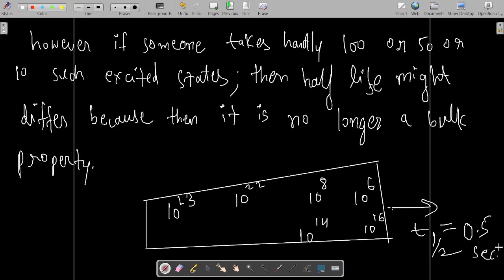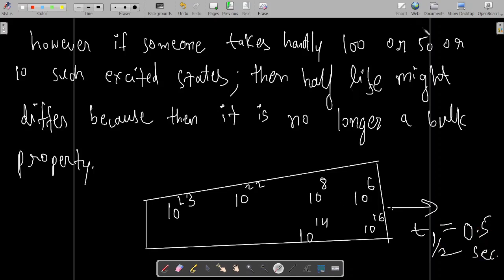Keeping other situations like temperature, pressure, etc. as they are, the half-life will be 0.5 seconds for all of these.